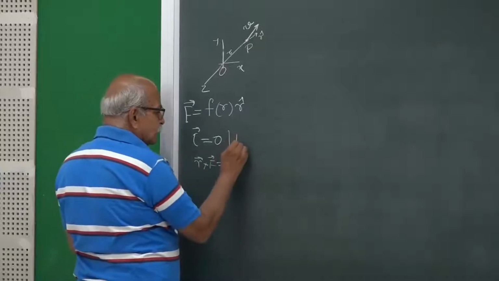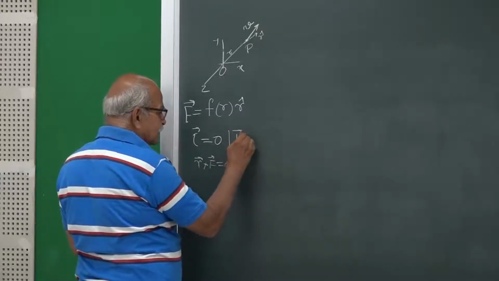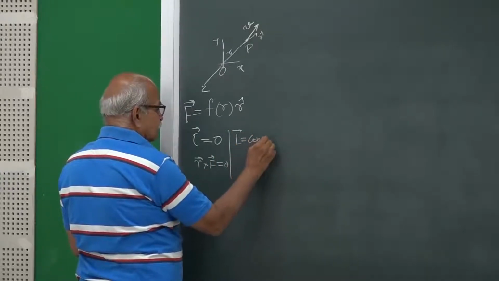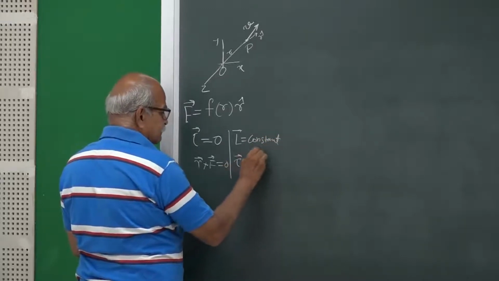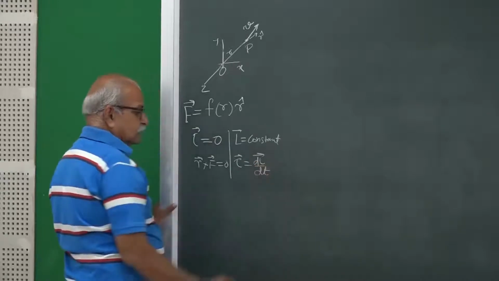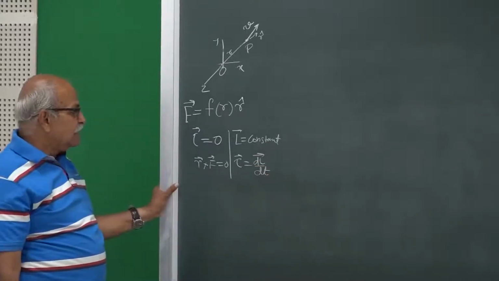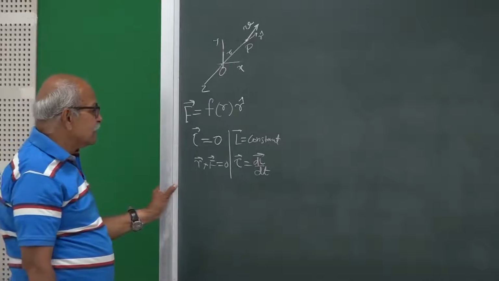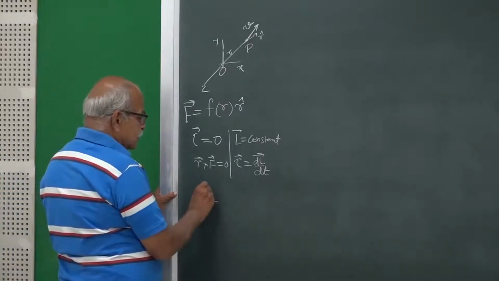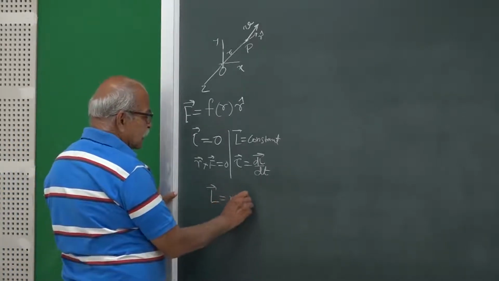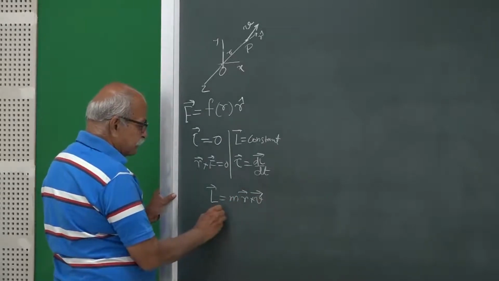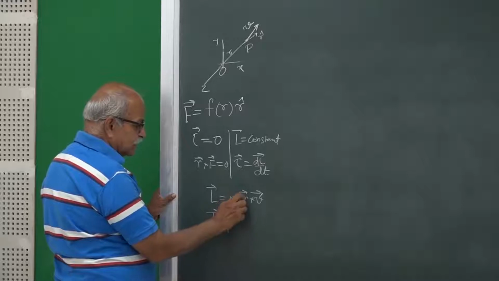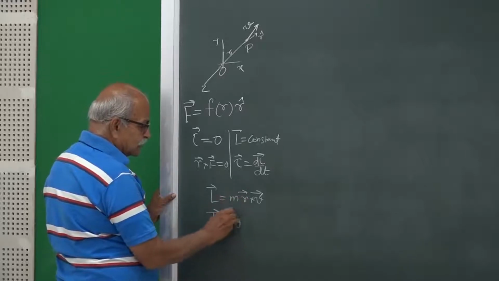And torque 0 means the L vector is constant, because torque is dL/dt. And L vector is m times r cross v, and L is perpendicular to this r vector and also perpendicular to this v vector.